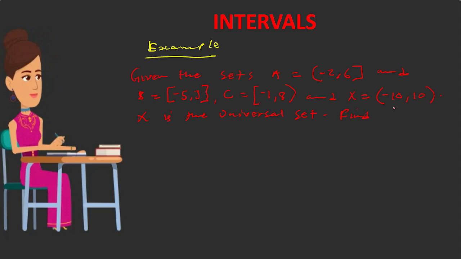Then B, we have X minus A, and then C, which can be A intersection C complement, and then D can be B minus A intersection C. Okay, so we have this question.